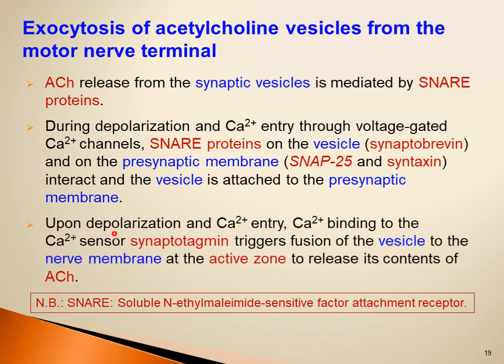Upon depolarization and calcium entry, calcium binds to the calcium sensor, synaptotagmin, one of the synaptic vesicle membrane proteins and also a member of the SNARE proteins, which triggers fusion of the vesicle to the nerve membrane at the active zone to release its contents of acetylcholine into the synaptic cleft.